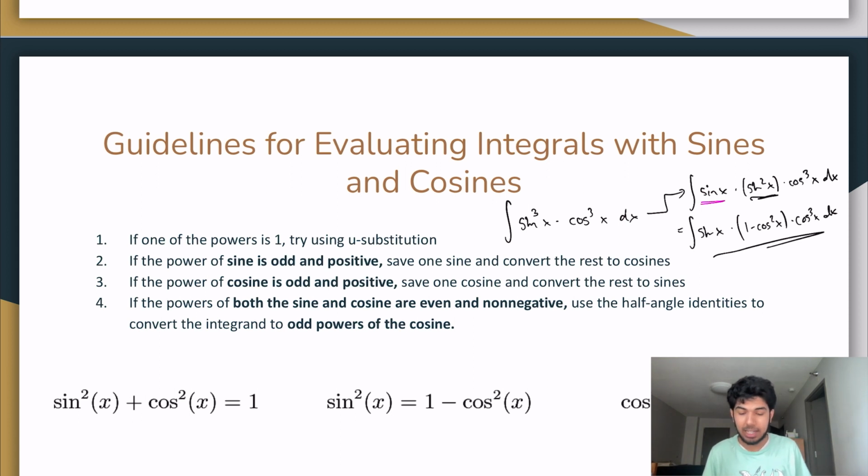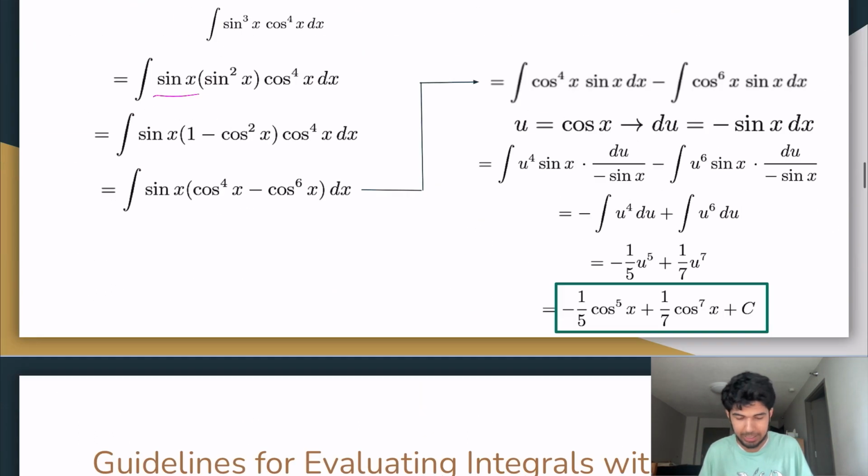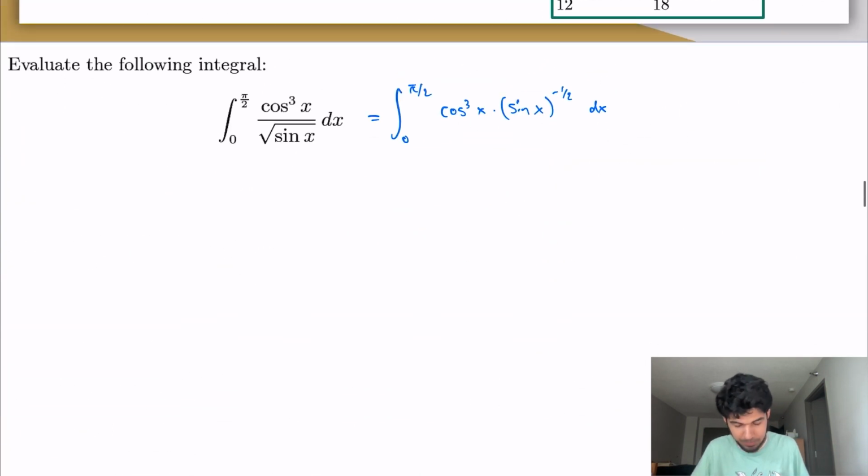If the power of sine is odd and positive, it's not, so we can't even look at guideline 2. Guideline 3, if the power of cosine is odd and positive, it is, it's 3. Then we're going to save one cosine and convert the rest to sines. Let's do that. So this will be equal to the integral from 0 to pi over 2.